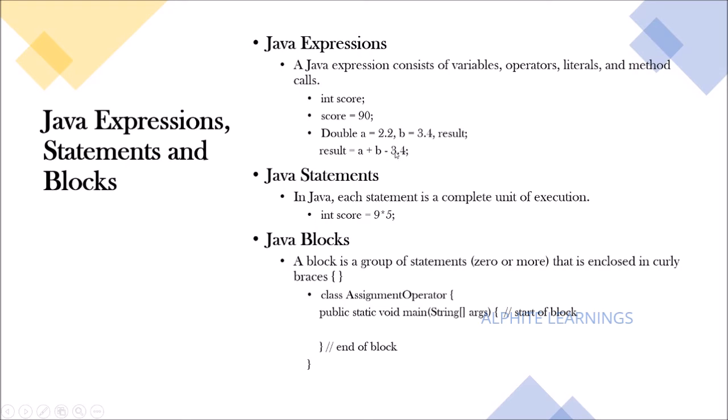You can ask me why I have given result = a + b - 3.4 as an expression and this as a statement. As you can see, result = a + b depends on the values of a and b, which have to be assigned on a previous line or somewhere else, by the user or the program, not in the same line.